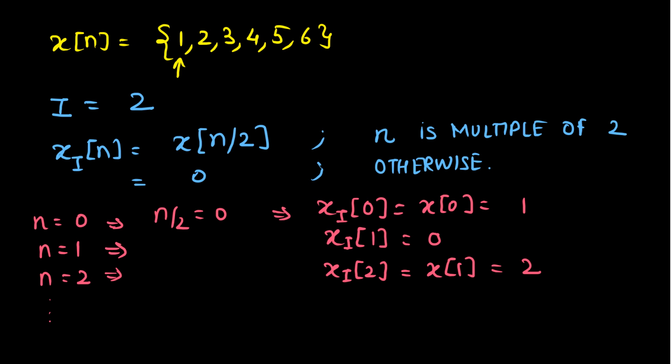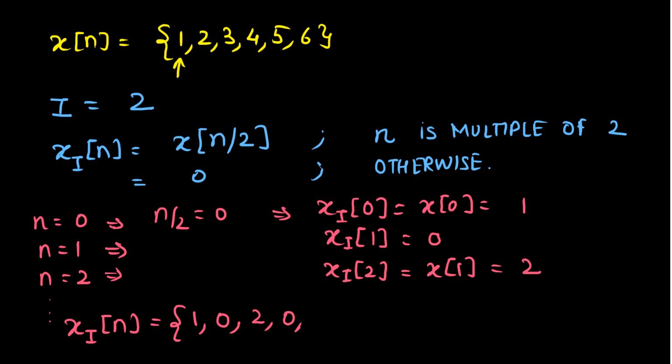So if we observe this signal here, if I consider xi of n, for n equal to 0, we have obtained it as 1. For n equal to 1, we obtained it as 0. For n equal to 2, we obtained it as x of 1, which comes out to be 2. If I consider n equal to 3, then it is not divisible by 2, so we have a 0 here.